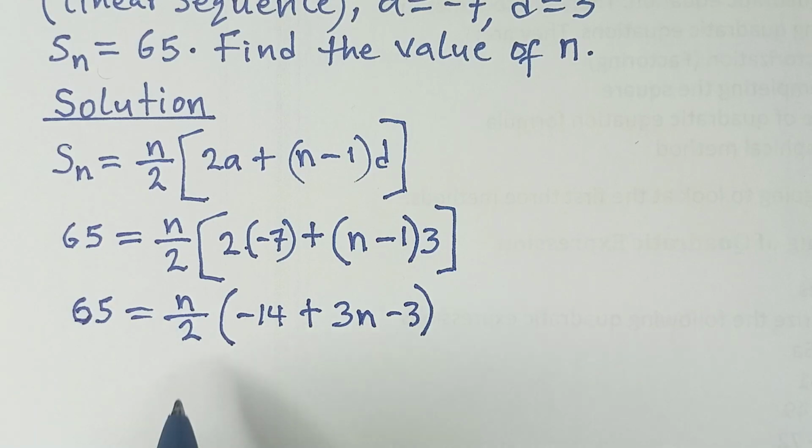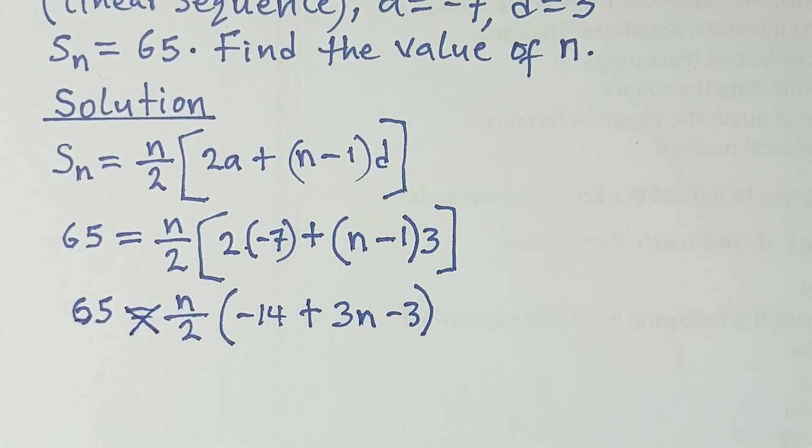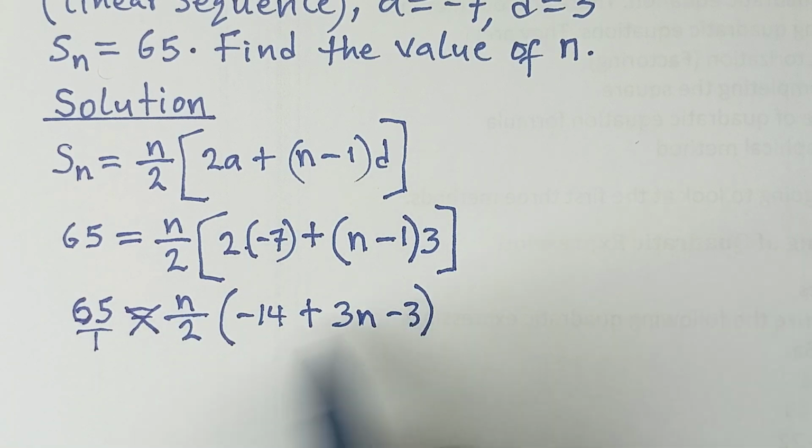So I can simply cross multiply now, and then what do I have there? I have 2 multiplied by 65, and then this is like 65 over 1. So 1 here multiplies the n, which is multiplying that bracket there. So what that will give us is to write the n. Let me say this 1 multiplied by this numerator that we have here.